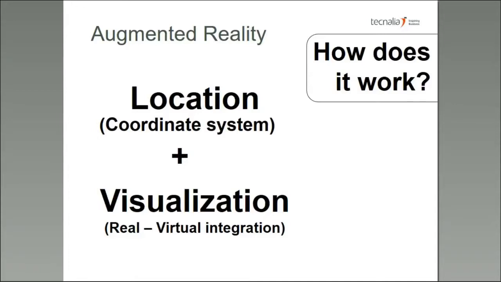Then it will show the information from the SCADA, from a web service, or from whatever other information system. Once the device knows what it is watching, it is able then to ask a service or a database for the information related to that object. And now I am going to try to explain it with a real example.